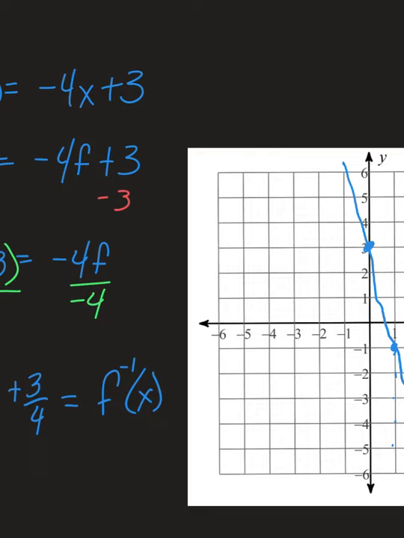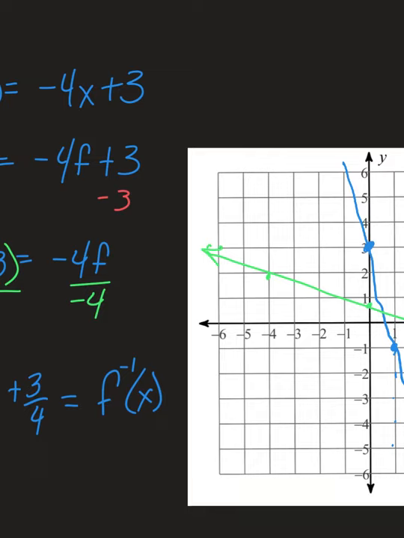And then the second function had a y-intercept of 3/4. 3/4 is right about here. And a slope of down 1 over 1, 2, 3, 4, and up 1 over 1, 2, 3, 4. So our two lines that are inverses look like this.